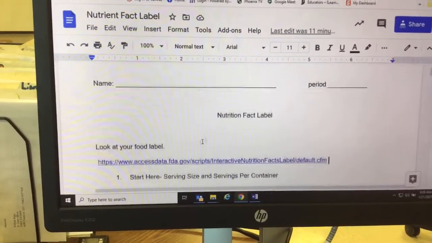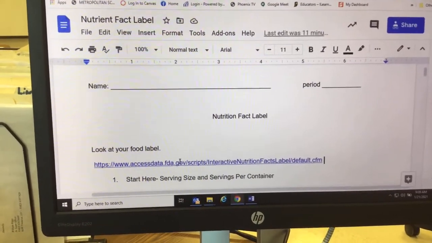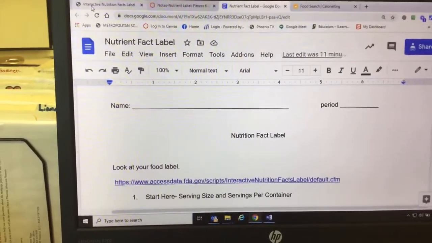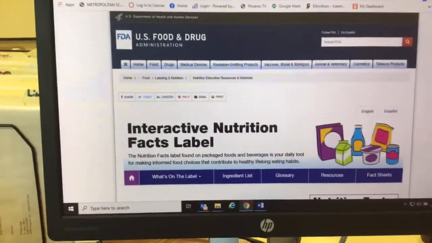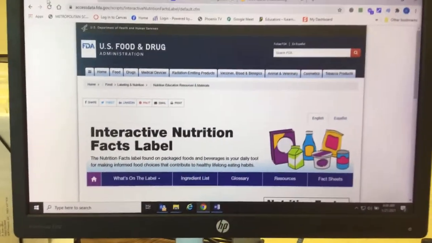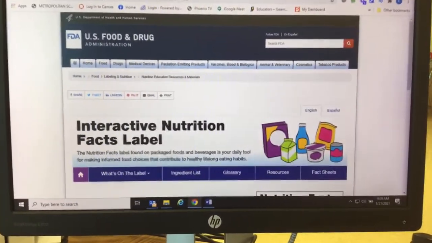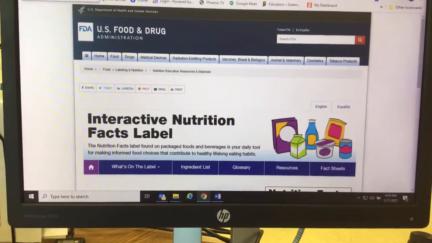Okay, so we're going to start off by looking at our food label, and obviously we're clicking on our link. So when you click on that link, you're getting to this interactive nutrition facts label. So we are right here, and we are going to pick a food. So I want you to go to your pantry and pick a food that you would like to do.